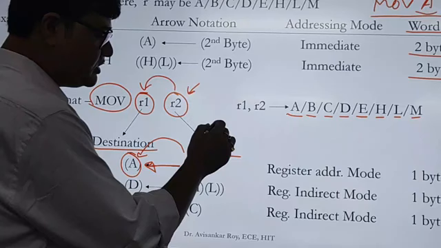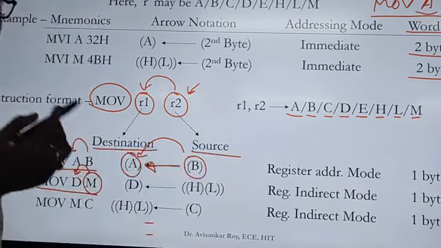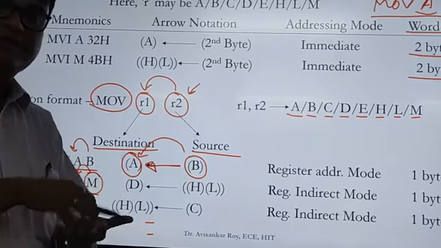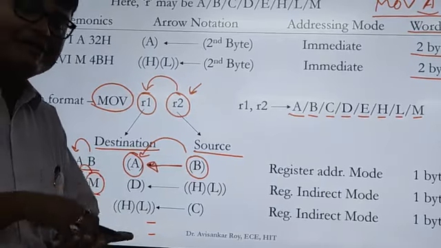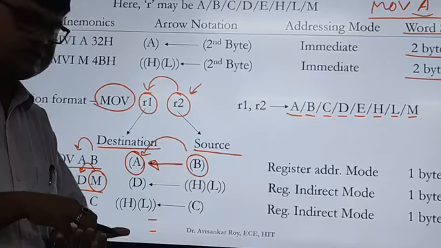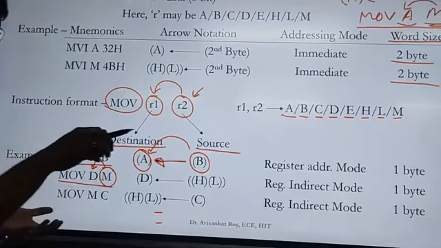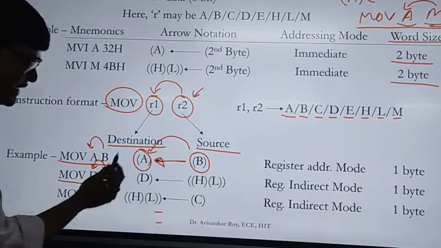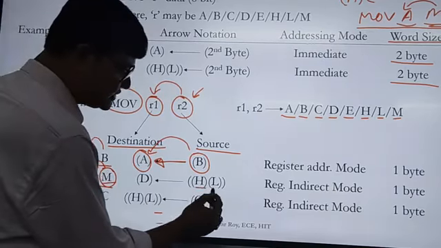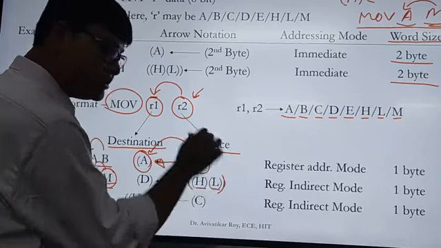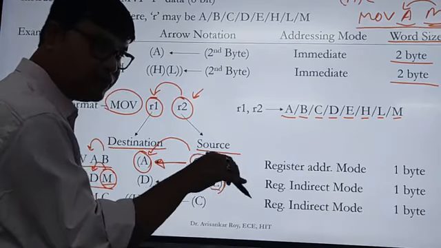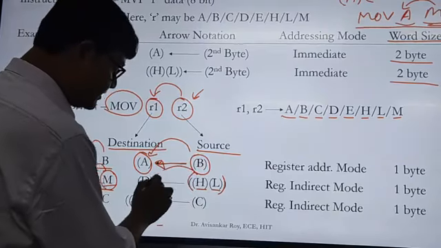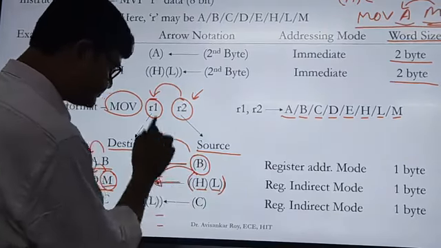In each location of the memory, a maximum of 8-bit data can be stored, so that data can be transferred to the D register. How do we define M? M is defined by the content of H and the content of L together. The content stored in the memory location defined by the H register pair will be transferred to the D register.